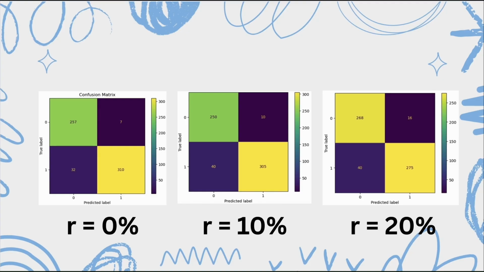We use a technique called scenario analysis to stress test our model. We intentionally add some random noise or errors into the data. That is what R equals 0, 10, 20 represents. It's like testing how stable a boat is in slightly rough water.